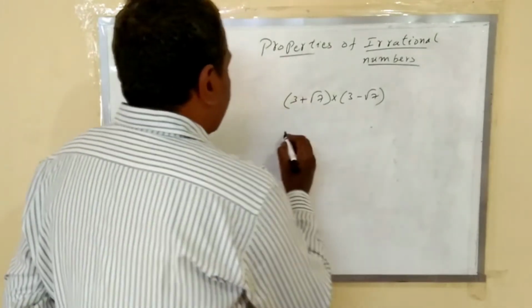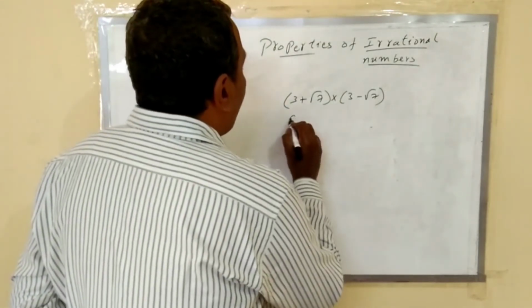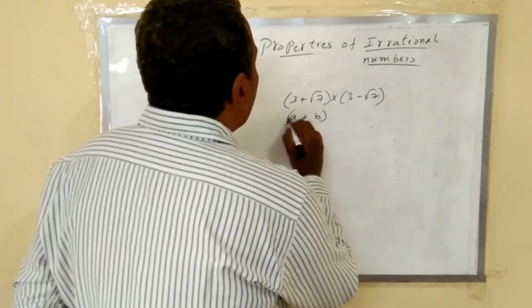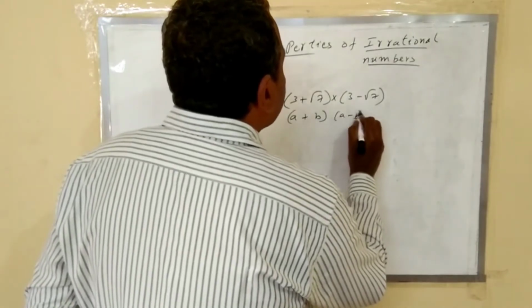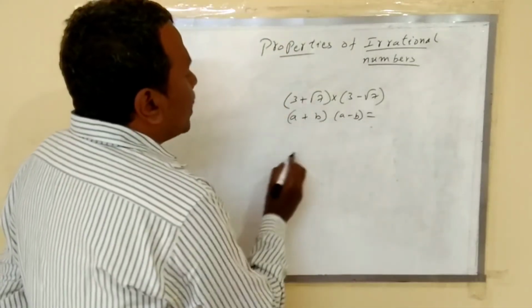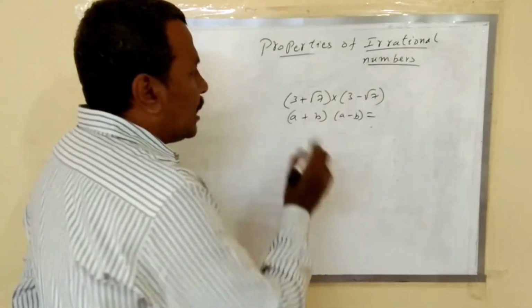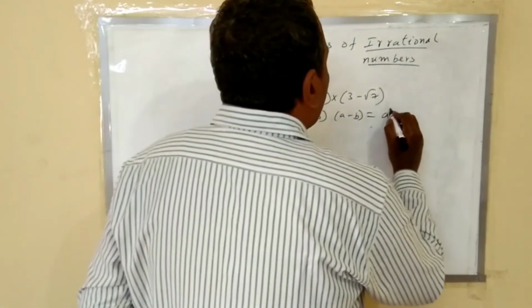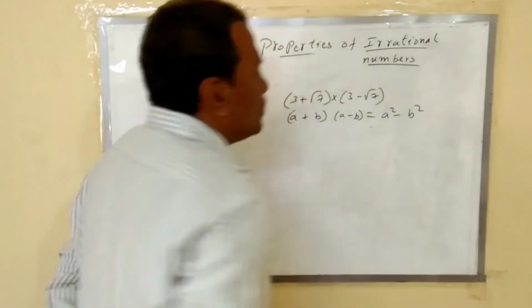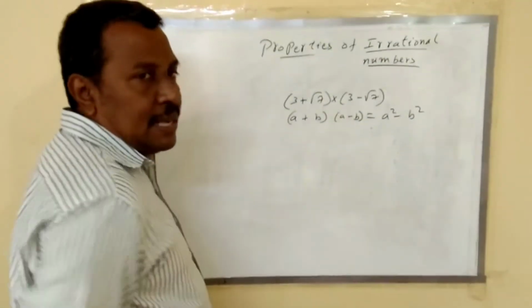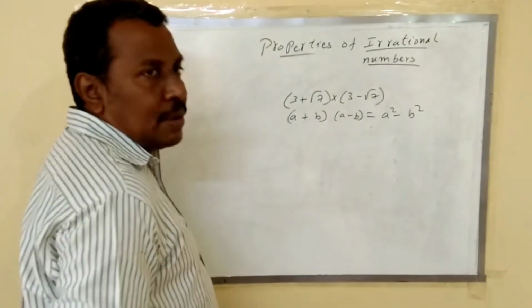Okay, we'll see. Because this is in the form of a plus b into a minus b, the same term containing opposite signs, that is equal to a squared minus b squared. In place of a, 3 is there. In place of b, root 7 is there.